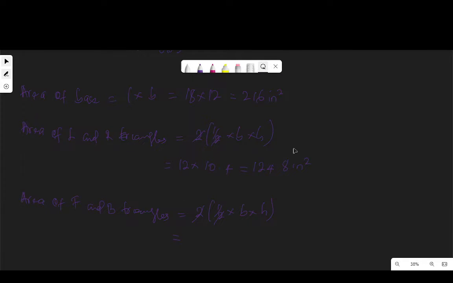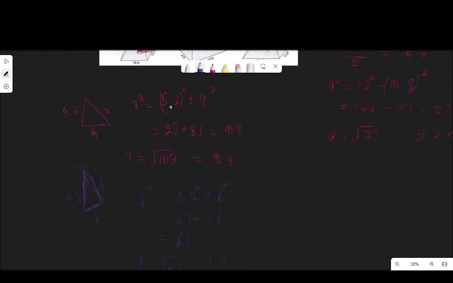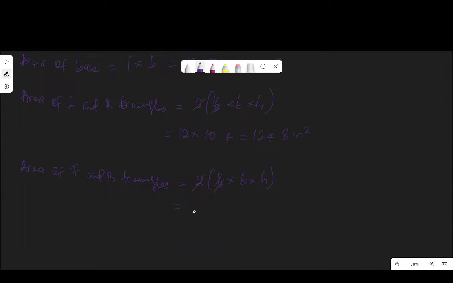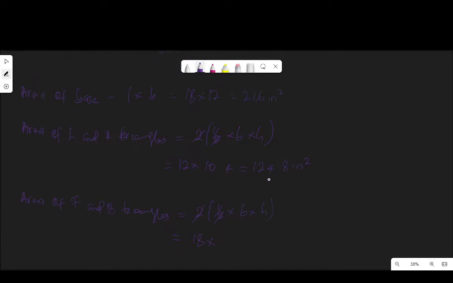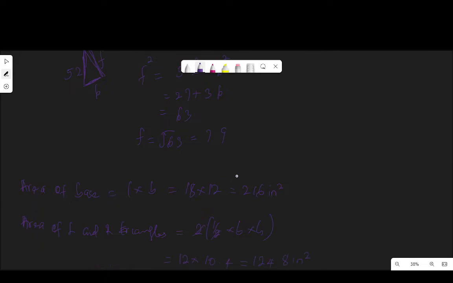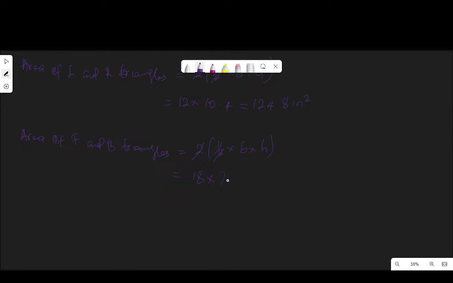The base is 18 inches times the height, we calculated it to be 7.9 approximately. 18 times 7.9 gives us 142.2 inches square.